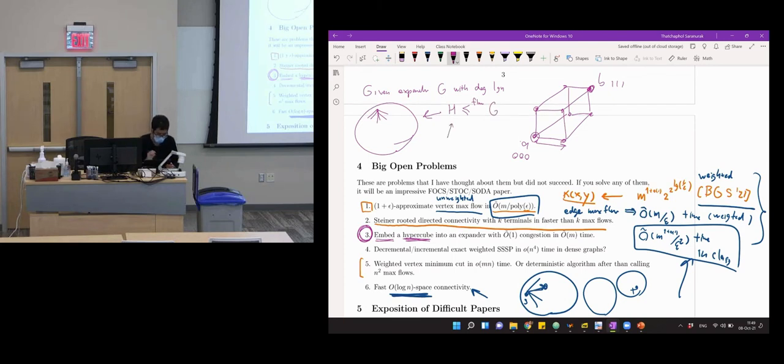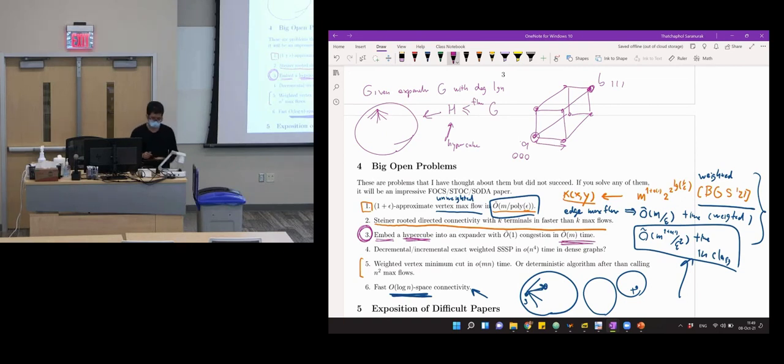Because H, hypercube, is log n restricted demand, so you can embed H into G. And you can do it in polynomial time for sure, because this is a multi-commodity flow problem. The question is just that, can you do it in linear time, in nearly linear time?